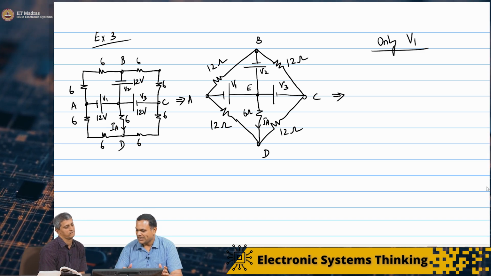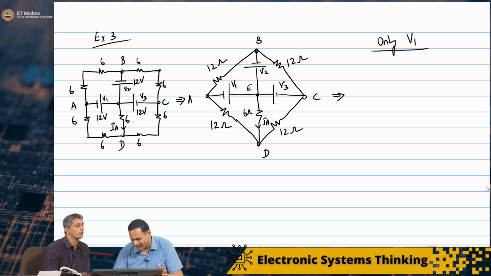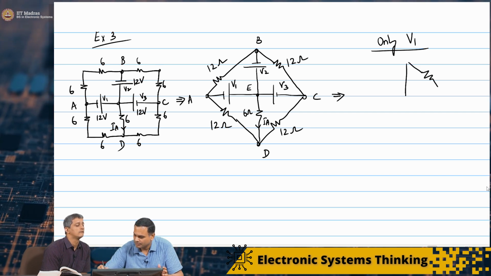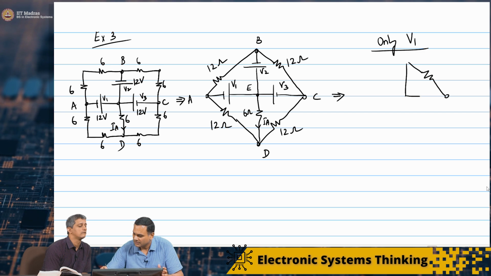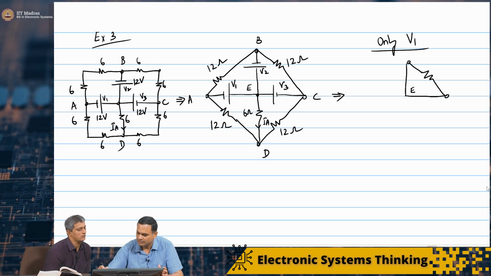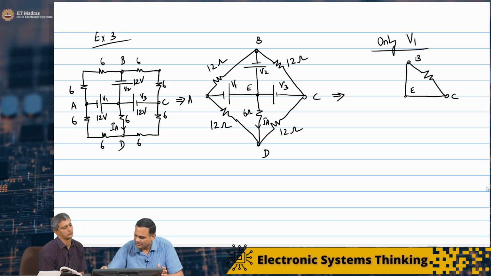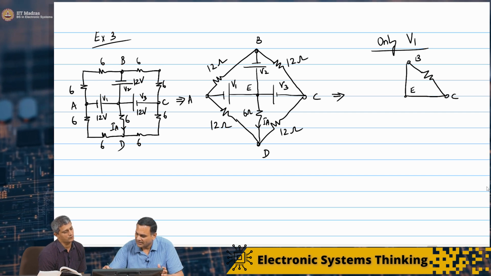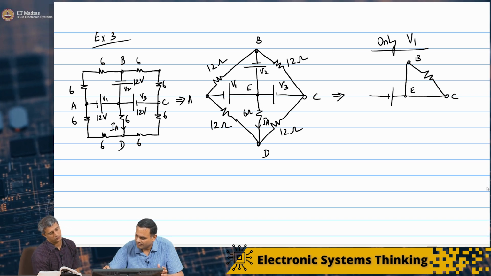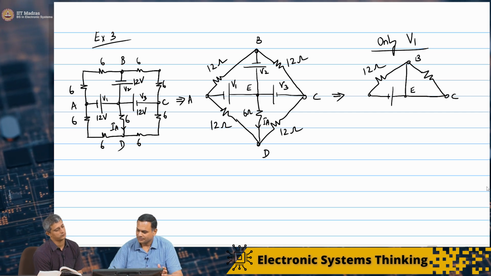I need to short B and E, short E and C. I am going to short V2 and V3. So this was E, B and C. You have to retain V1. I have 12 ohms here, that has to be retained.